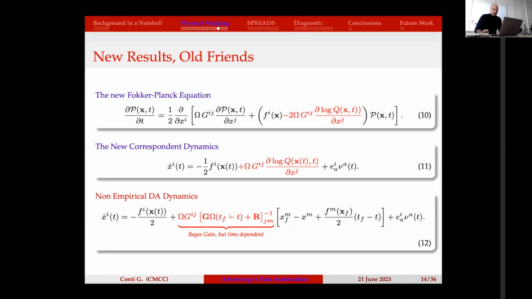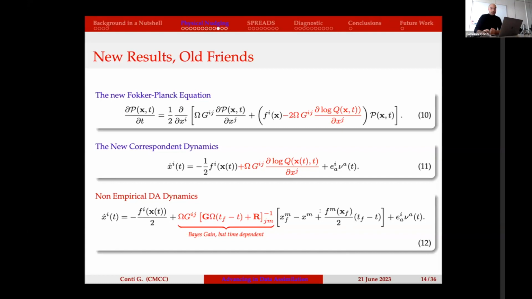These terms that in Kalman filter and 3DVar act at the observational time, here we have a continuous correction, but the background acts when we are far away from the observation. When we get closer to the observation, only R remains.